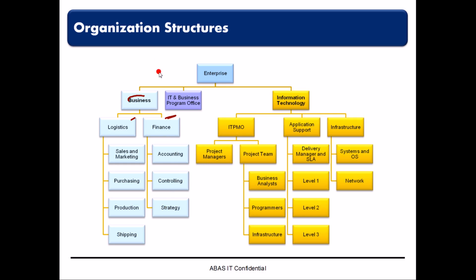On the left side are the real business functions that happen, and on the right side are the tools that are provided by the information technology department. In information technology, you have the ITPMO, which is the IT Program Management Office. You will also have application support, and you also have infrastructure. So there are three different teams under information technology.